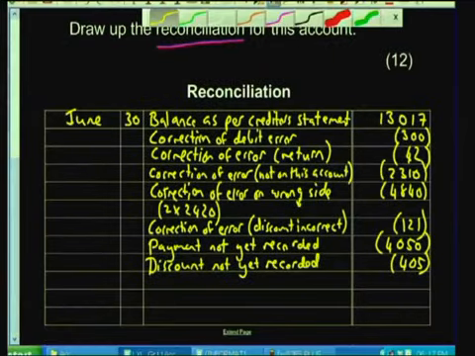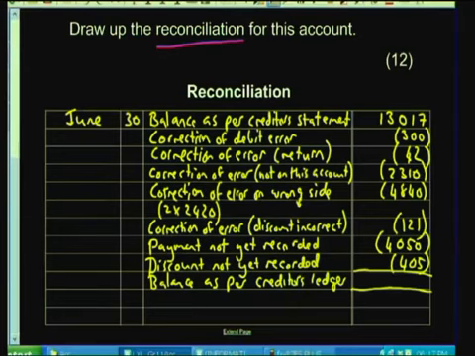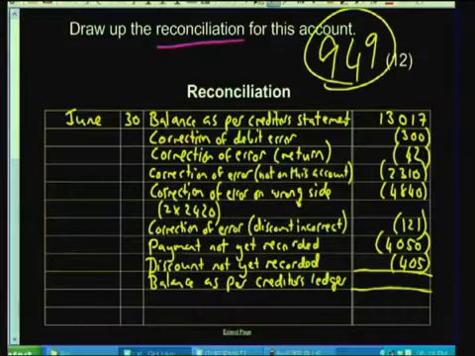And all we need to do here is calculate the answer to the sum to get the balance that we want at the end, and that balance is going to be the balance as per creditors ledger, which, remember, Mindsetters, is the one from our account. We don't put it in here. We're going to calculate it and check to see that it does indeed add up to the number that we think is in our creditors ledger, to that magical 949 Rand that we are hoping that we get.